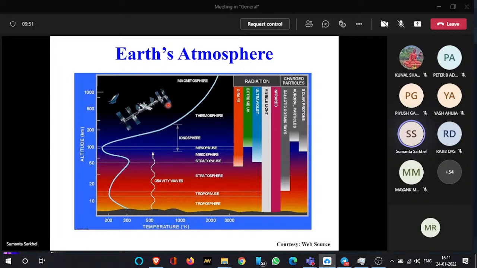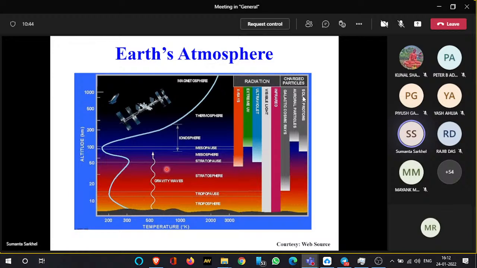It doesn't change with altitude. So I'm going to give you a glimpse of why, in the troposphere, temperature decreases with altitude.